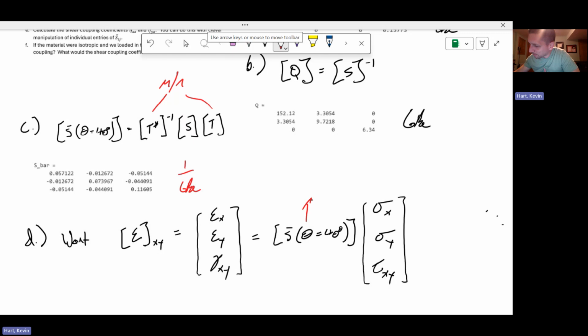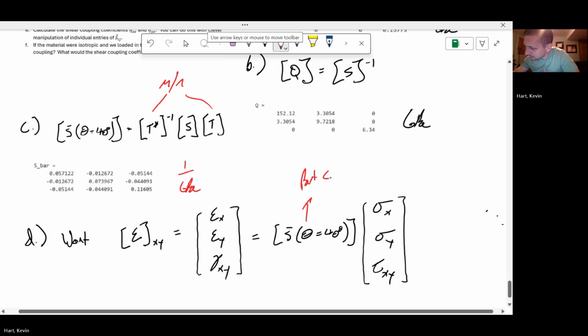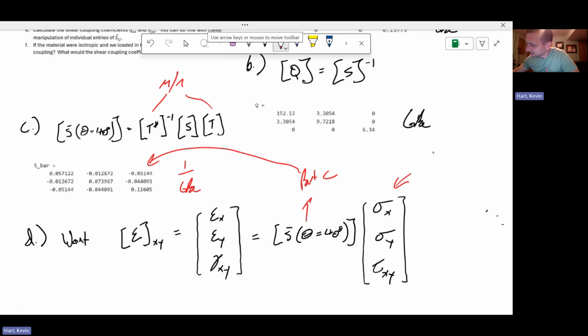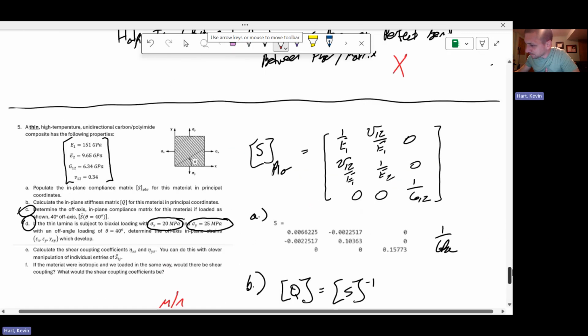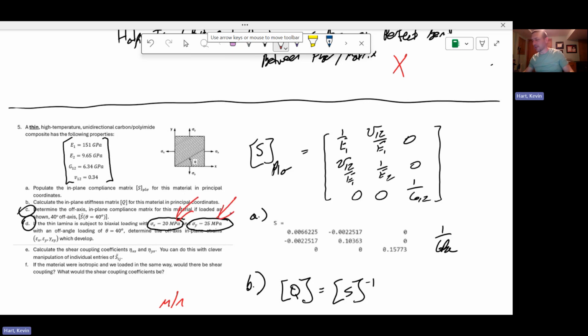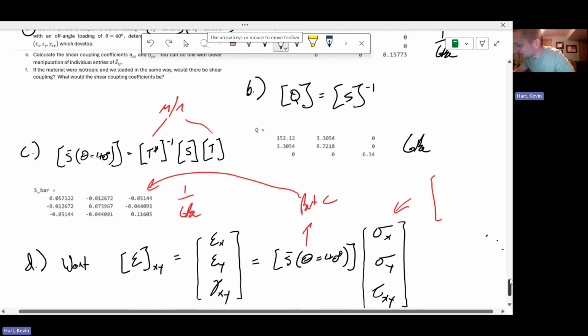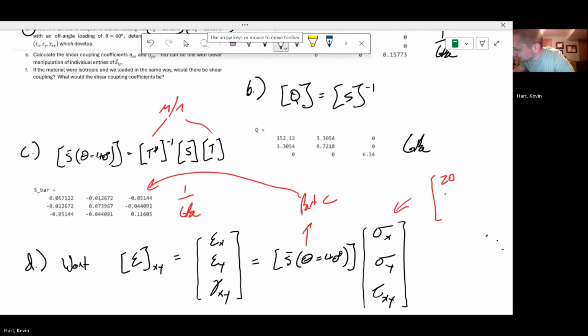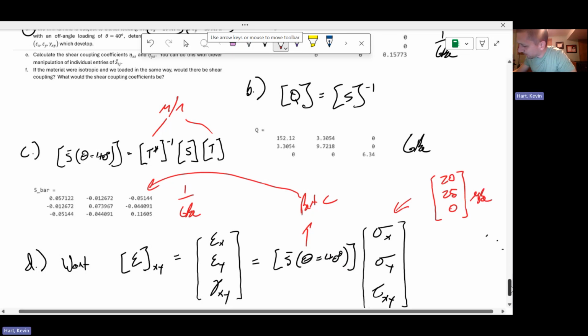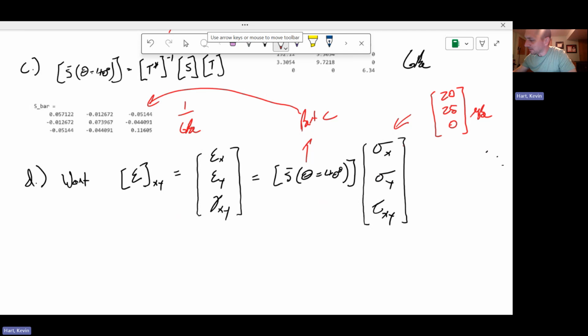Okay, so this is our general setup. We have this from part C. It's this guy here. And now we just need to populate this. Well, we're given in the problem that we have biaxial loading. Sigma X is 20 MPa, sigma Y is 25 MPa. We're going to assume tau XY is 0. It says biaxial loading, so we can probably assume that to be true. And then away we go. So you have this, you have this, you can calculate this.